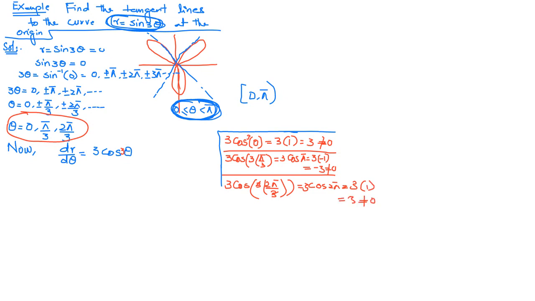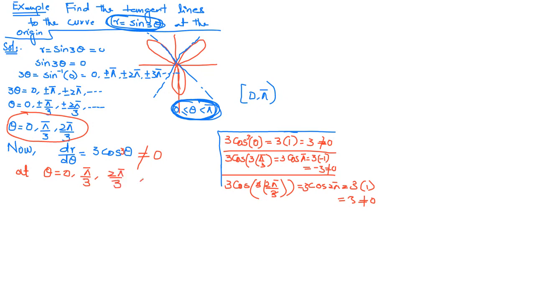It means you can say that dr by d theta is not equal to 0 at theta equal to 0, theta equal to pi by 3, and theta equal to 2 pi by 3.